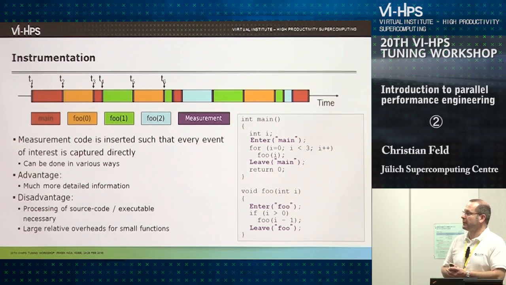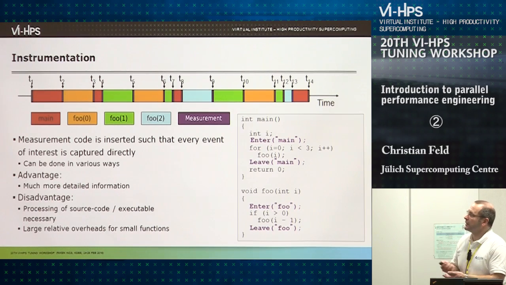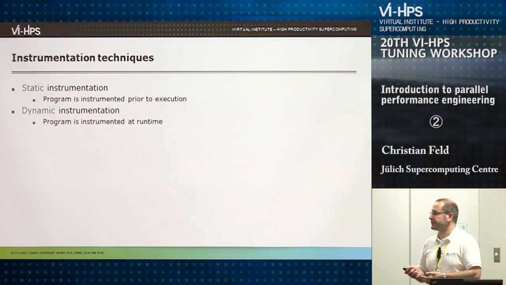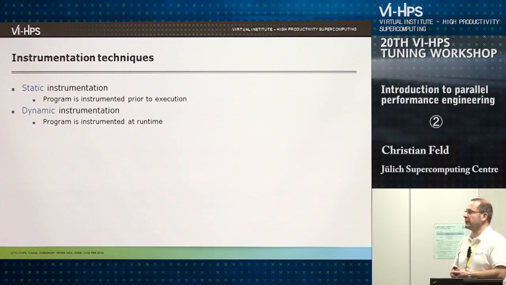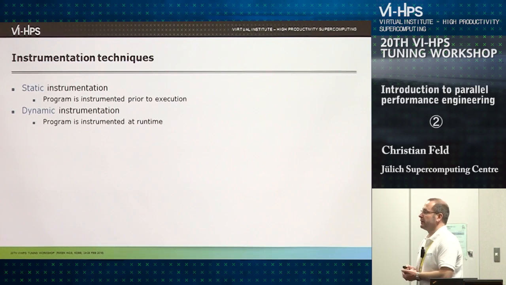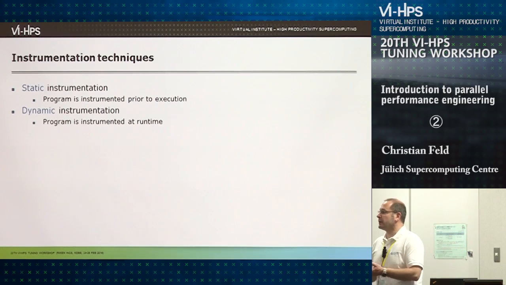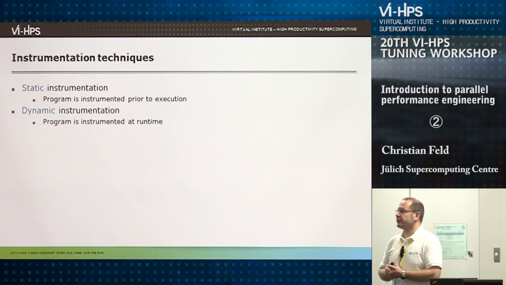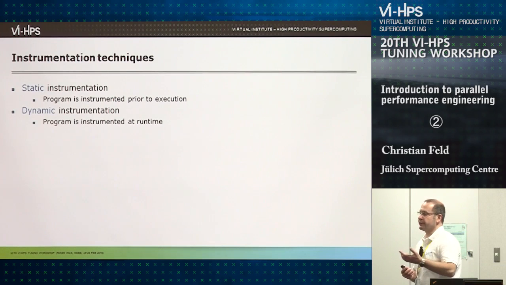Okay, now here we can measure the times, and from the times we can derive the durations of the functions. So how can you do the instrumentation, or when? You can do this while you build your program.